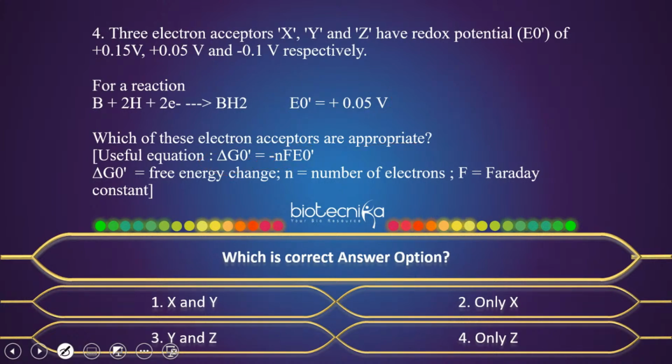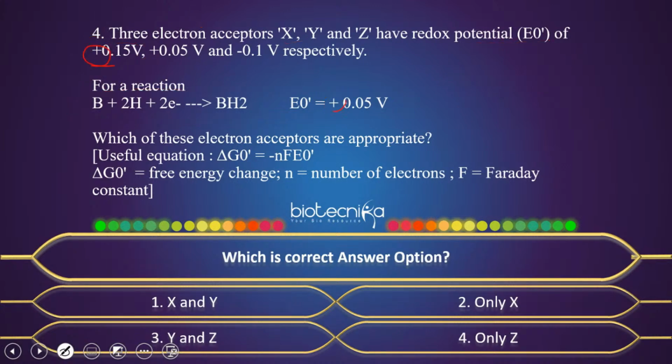Okay, now let's keep X over here. How much is X? The cell potential. We have been given the redox potential plus 0.15 volt, isn't it? So plus and plus. You have to take the net E0, because one will be for oxidation and one for reduction. So you have to take this and the other electron acceptor reaction together.